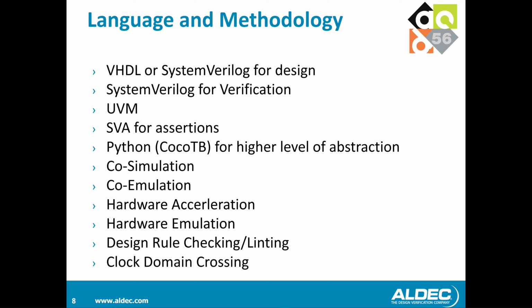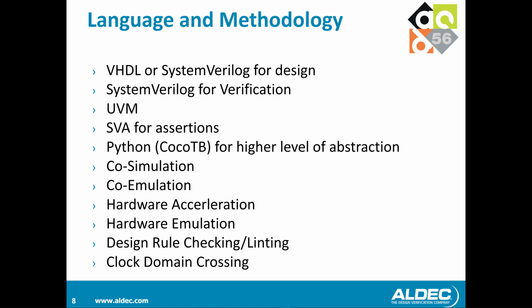CocoTB is a high-level abstraction verification methodology, recently out in the market, which is open source, so anybody can use it, and it's totally coroutine based. Especially for embedded design engineers or users from a software background, they can try it out and make themselves comfortable with the verification of HDLs. It's a great replacement for SystemVerilog UVM.